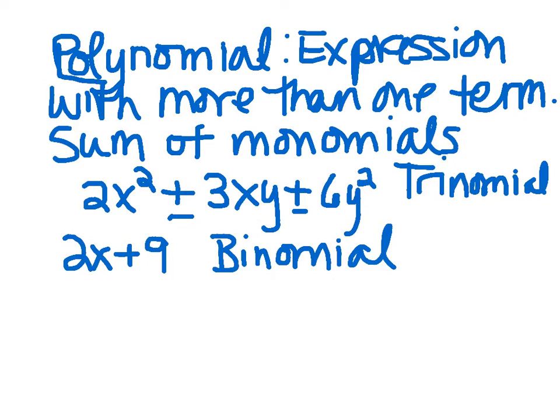So let's get on to the whole idea of simplifying polynomials, because that's what your homework is about tonight. Homework is about simplifying, and simplifying in this situation is just code for combine the like terms.